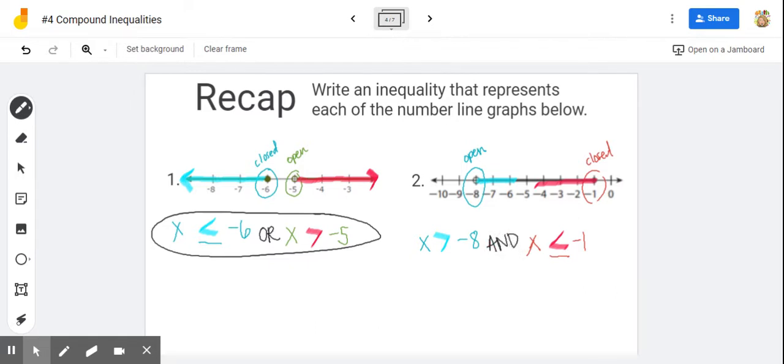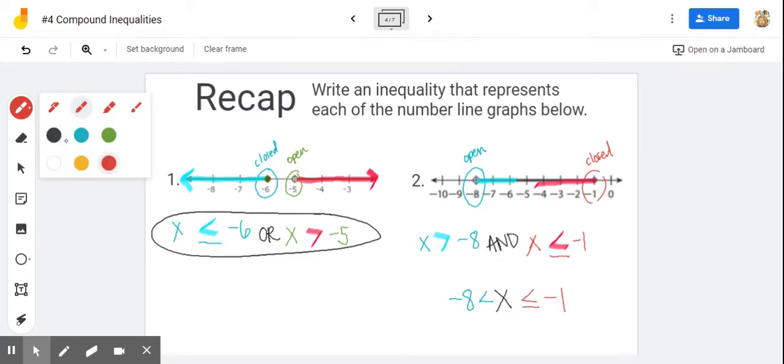Now, another way we could handle this situation is the lowest I can go is -8. I am also open, so I can be bigger than -8, but I have to be smaller than or equal to -1.